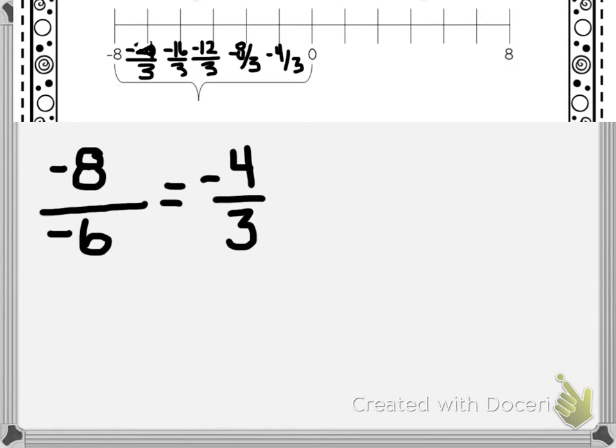I'm going to write this a little bit clearer so it's more legible. So we have -20/3 there.